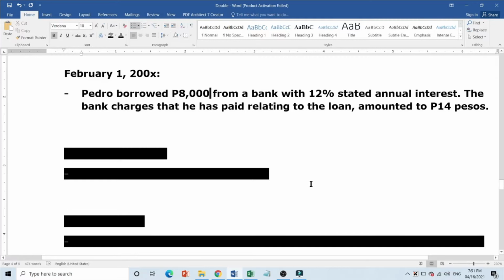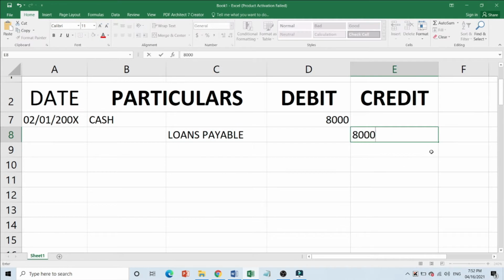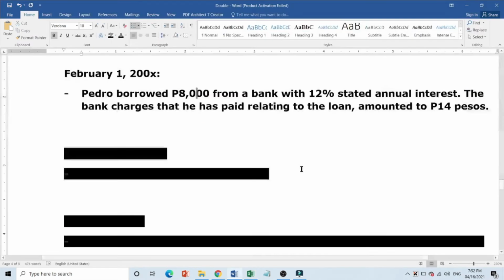Then, since we borrowed, our liability will increase. What particular account are we going to use? That is loans payable, amounting to 8,000 pesos.